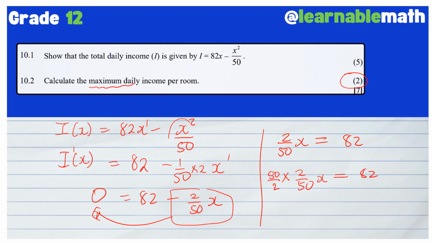Both sides, what we do on the left must be done on the right. Multiply by 50 over 2. This cancels this, then you have x is equal to 82 times 50 over 2, which is like 82 times 25. We can quickly do that on a calculator. So we are saying 82 times 25.